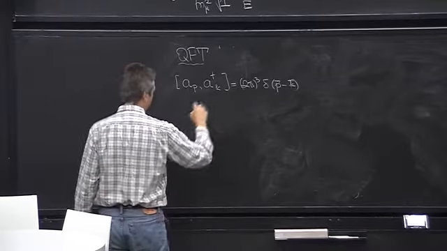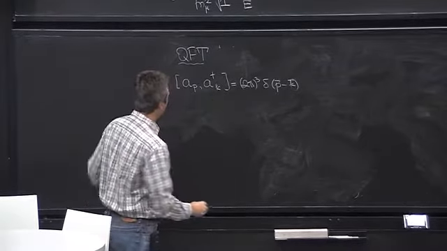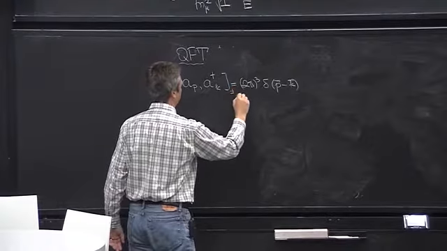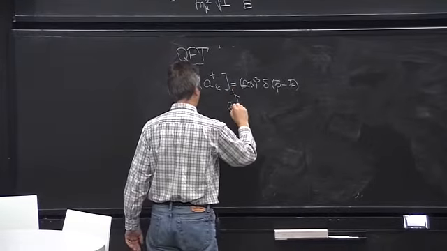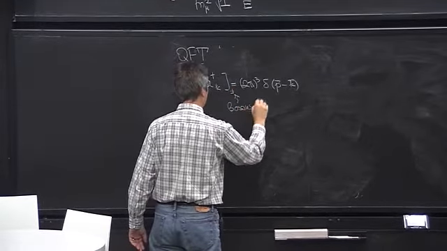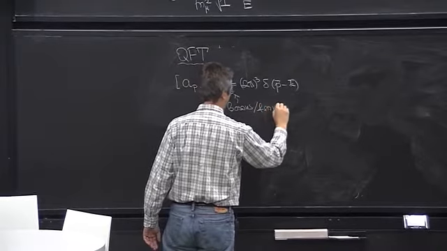So this can be a commutator or an anti-commutator, depending on if these particles are bosons or fermions.